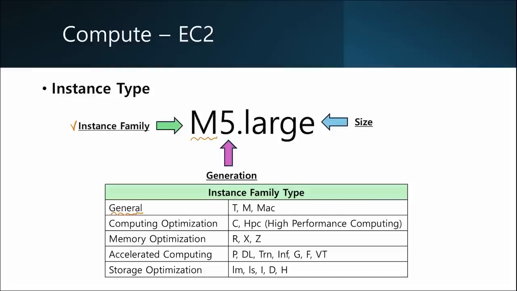The instance type may vary slightly depending on whether you want to optimize for storage or want to accelerate computing. You can identify which instance it is by looking at the English string in front. There is also generation where you can see what version this instance is, and behind the dot indicates the size.